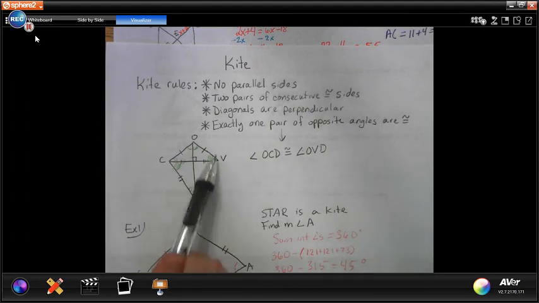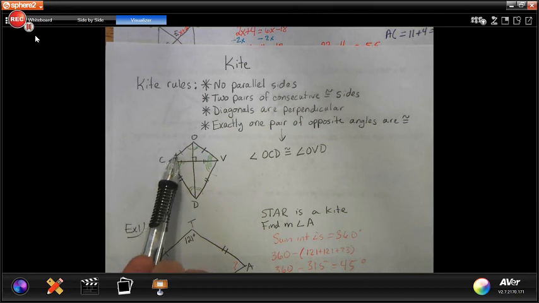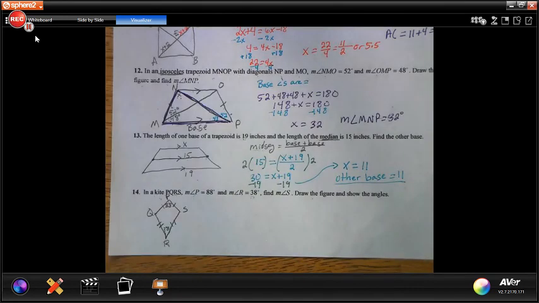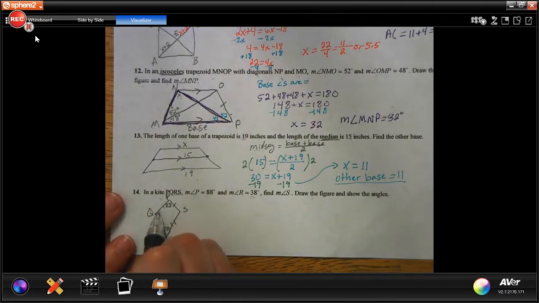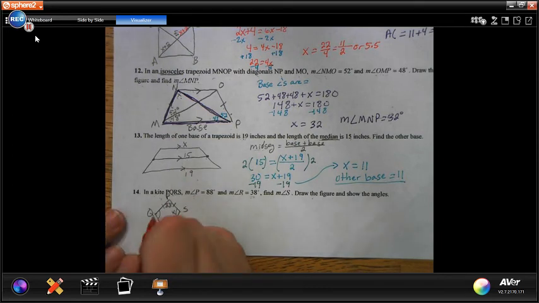This whole thing and this whole thing are equal to each other. Although the pieces are not equal, this whole angle is equal to the whole angle there. So that means angle Q and angle S are equal. We need to find angle S. So angle Q, we're going to call it the same thing as angle S.